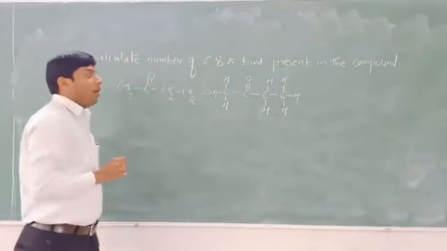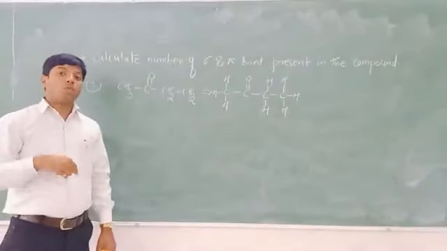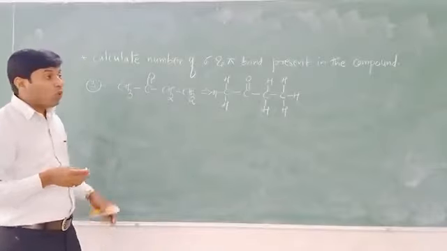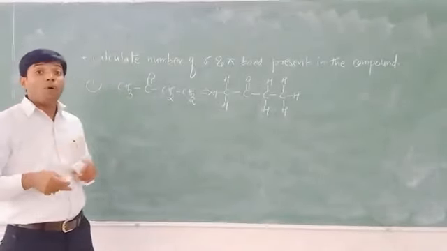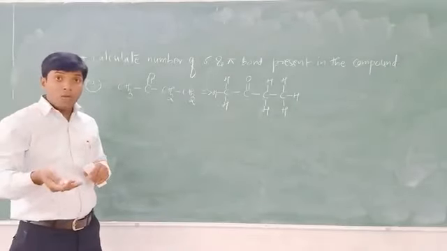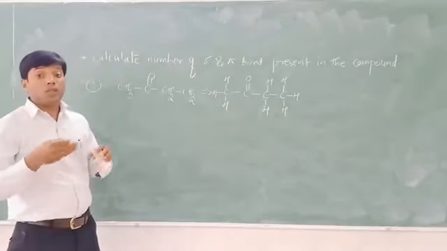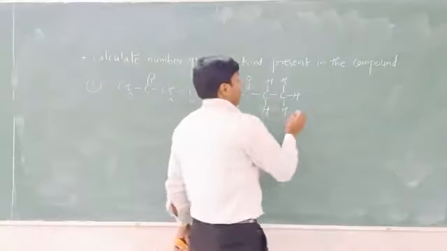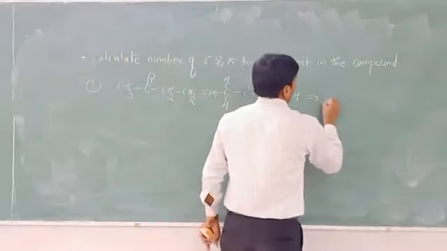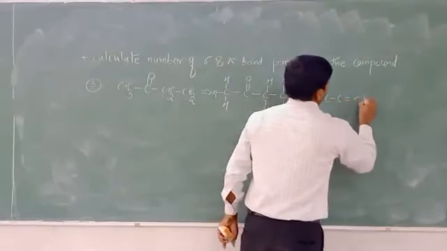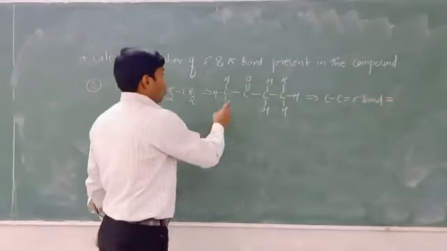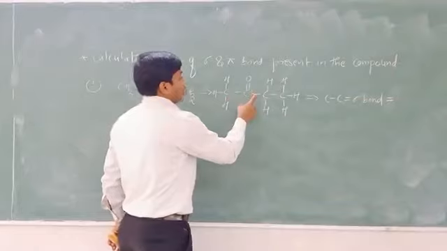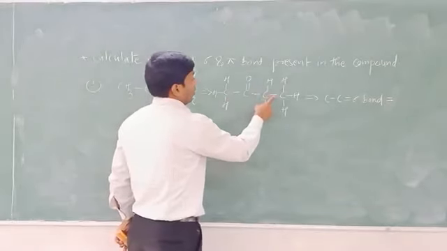So let's calculate the number of sigma bonds. We will calculate the sigma bonds present in this compound, having carbon-carbon single bonds and carbon-hydrogen sigma bonds. First of all we calculate the carbon-carbon sigma bonds. How many are there? 1, 2, 3.